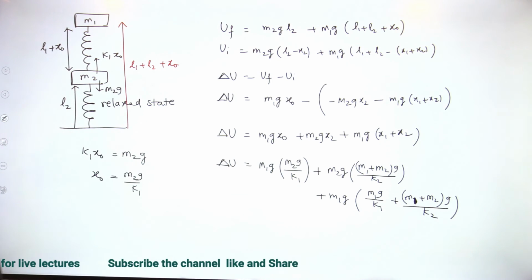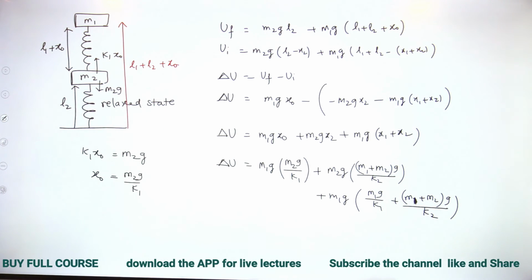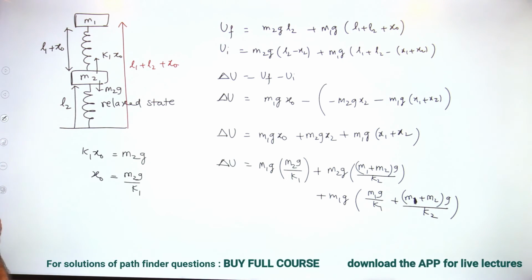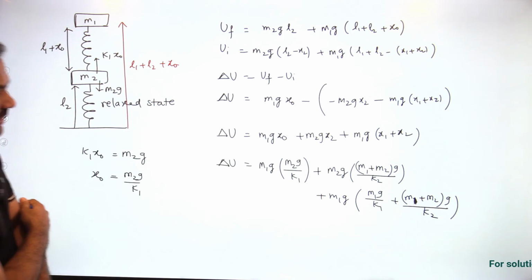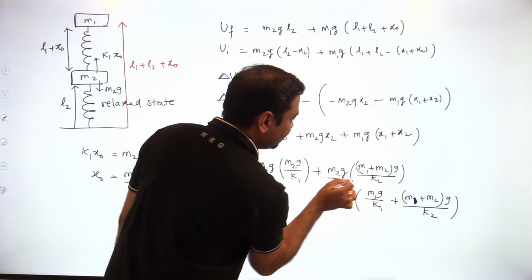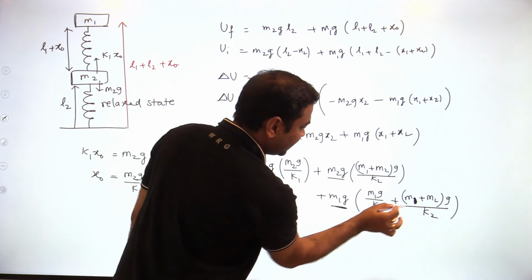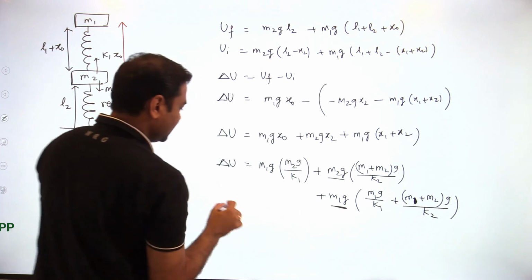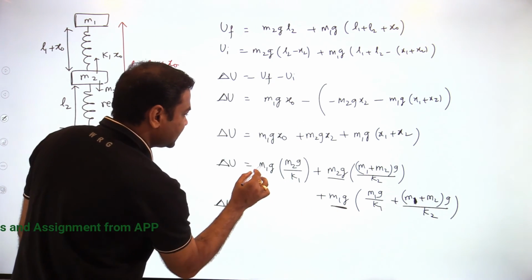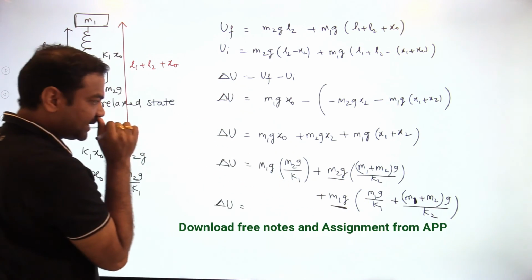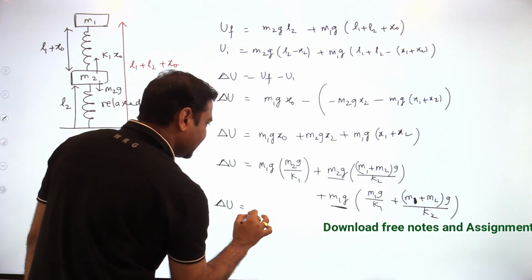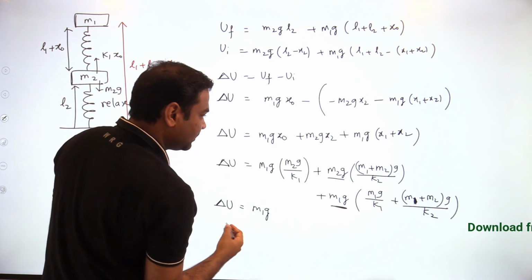So finally you can now simplify all values. What can we take common? K1 and K2 terms are there. This is M2 into (M1 plus M2) g by K2, and this is M1 into (M1 plus M2) g by K2. So delta U has M1 M2 g squared by K1 and M1 squared g squared by K1.